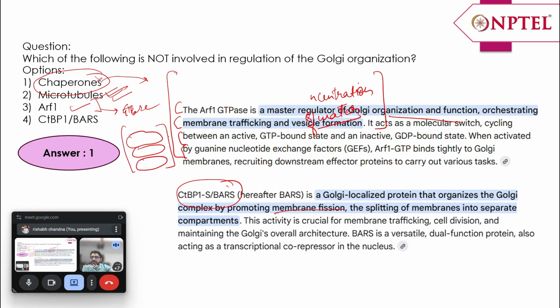So these proteins assist in the formation of these membrane compartments, and these are basically transporter proteins. They help in promoting the transport of the enzymes or molecules present in the Golgi. They also help in the reorganization of the Golgi bodies along with the microtubules. Okay, so any doubts in this particular question?